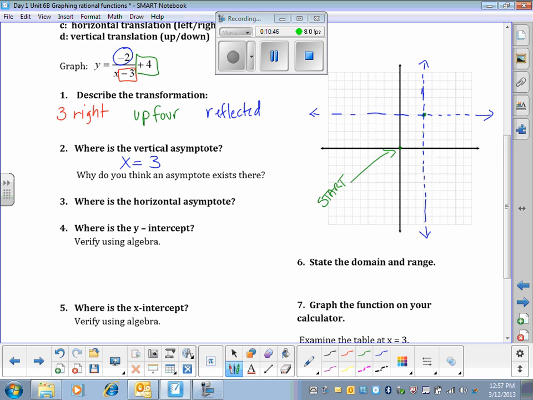But also, look, my X minus 3 can never be 0. So the asymptote is going to be where that is 3, because that graph can never quite get there. It's not allowed, right? And we found the horizontal asymptote is at Y equals 4. Very good.